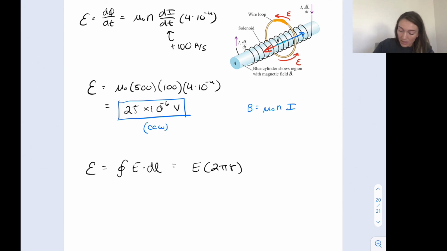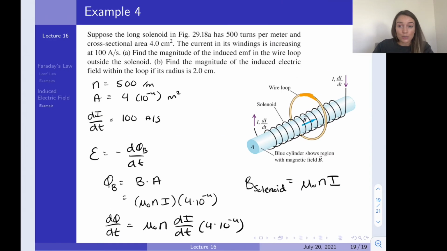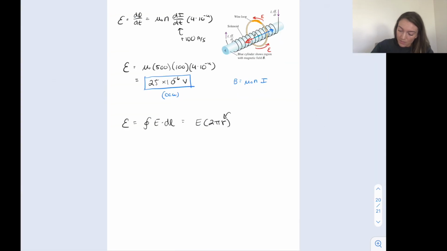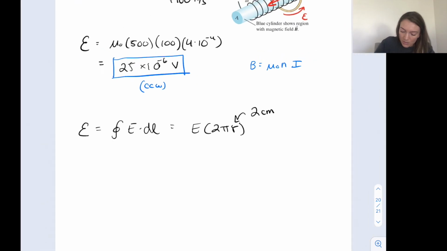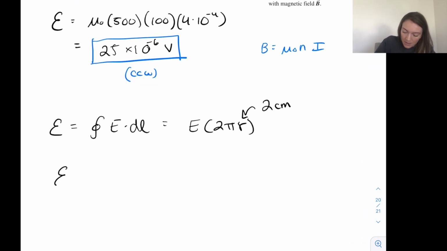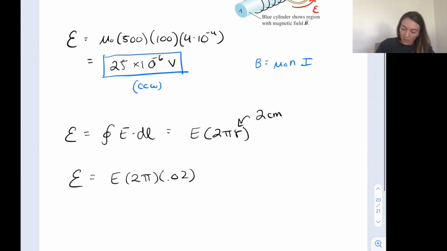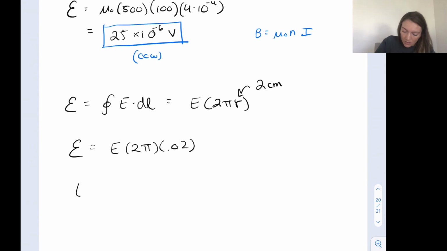And we said that r, they tell us, is 2 centimeters. So we have our EMF is just equal to E times 2π times 0.02 meters. And then we can just solve for E, capital E, electric field E. So that just becomes the EMF divided by 2π times 0.02.